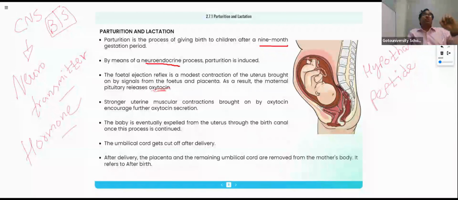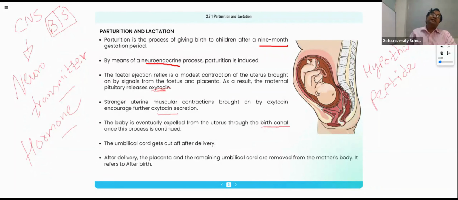Peptide hormone oxytocin, after reaching the pituitary, migrates to the uterus through the bloodstream, not through a duct. When you're giving the answer in this way, then you get good marks, right? So now you need to understand this oxytocin secretion is taken care of by the hypothalamus, but stored in the pituitary gland for a while, right?